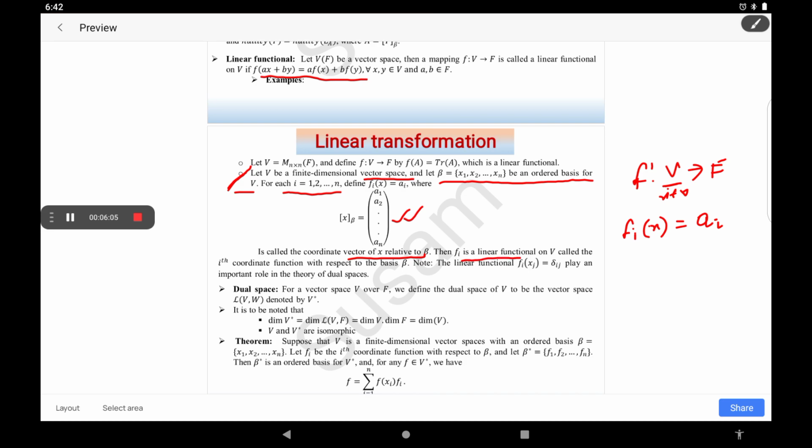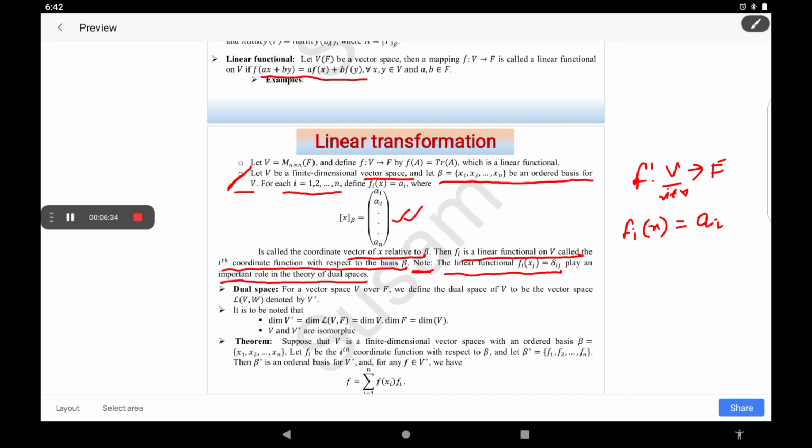Then f_i is a linear functional on V called the ith coordinate function with respect to beta. Here I have mentioned a note: the linear functional f_i(x_j), which is nothing but delta ij, plays an important role in the theory of dual spaces.